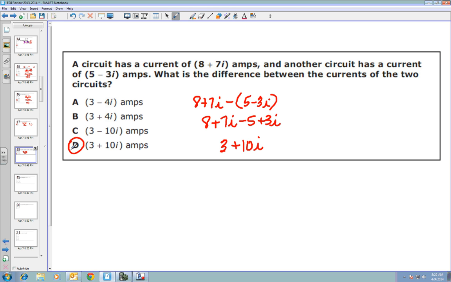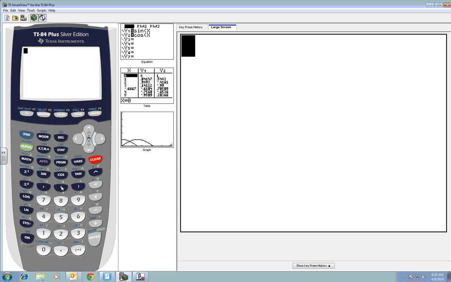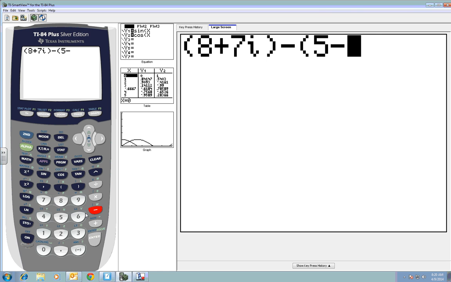Now, can I do that one in my calculator too? You're going to plug it in exactly like it looks. All right, so here's what it looks like. 8 plus 7i minus, parenthesis, 5 minus 3i.